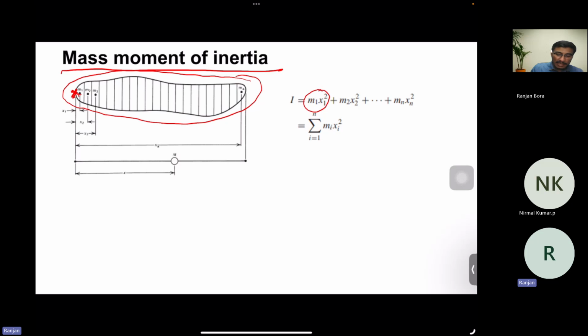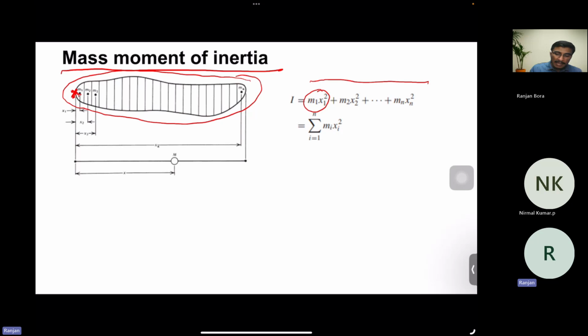Then we can write that the moment of inertia for the whole body will be the summation of the moment of inertia of each small body. So what is the moment of inertia for the small body of mass m1? It is m1 multiplied by x1 squared. What is x1? x1 is the distance between the axis of rotation and the center of gravity of that mass.